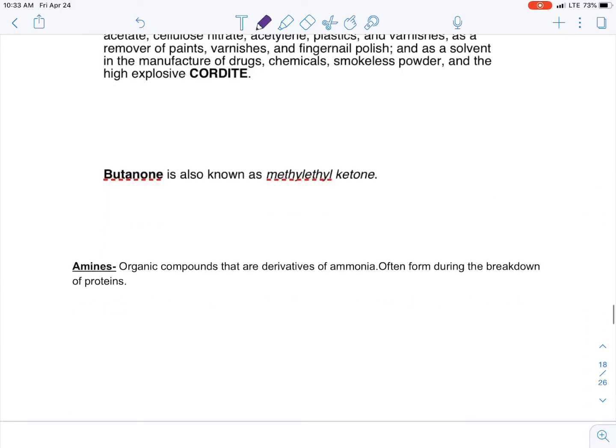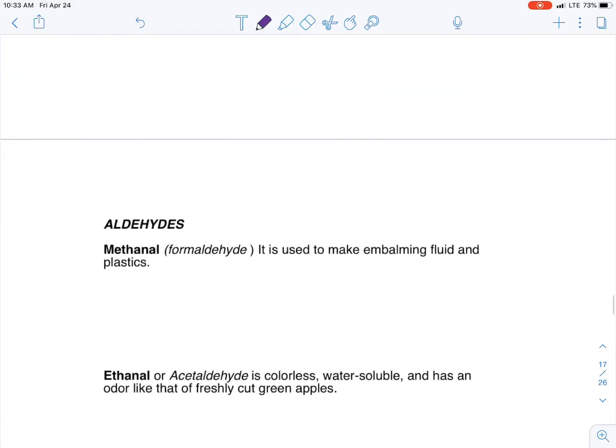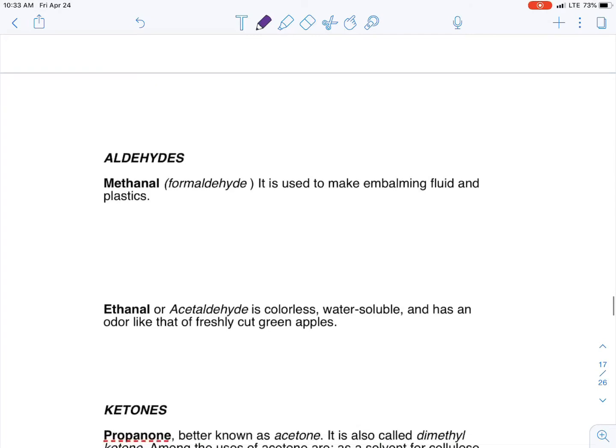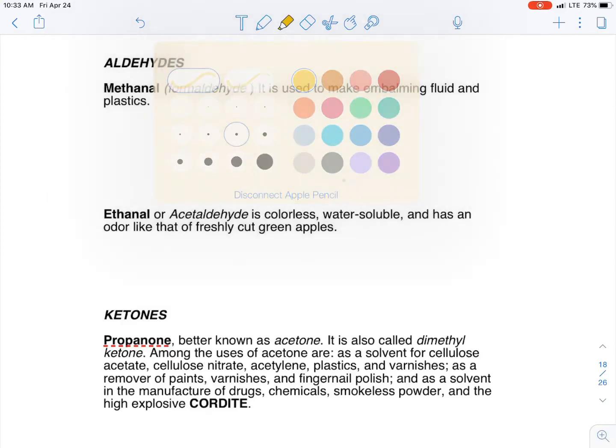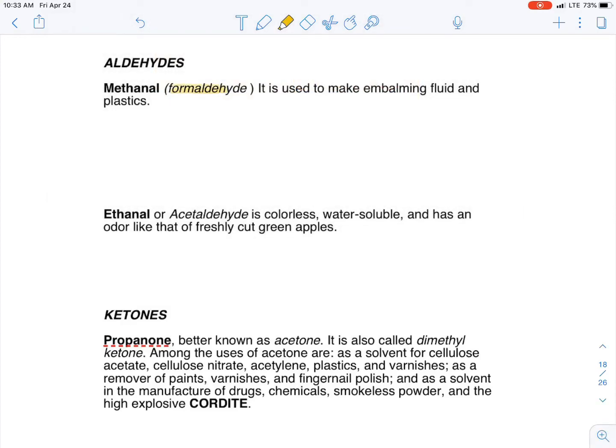All right, now, so what we have here are, we're going to draw some pictures. And again, I did the old cool little thing about it because we like to know what they are. And a lot of these common names you'll know. Formaldehyde. That's embalming fluid, right?